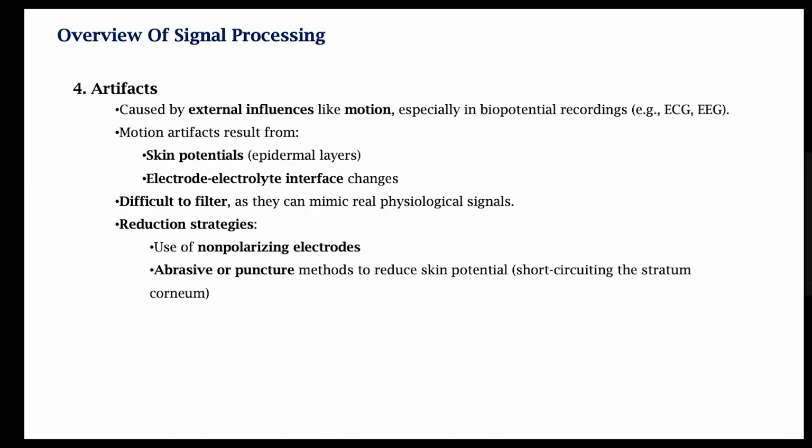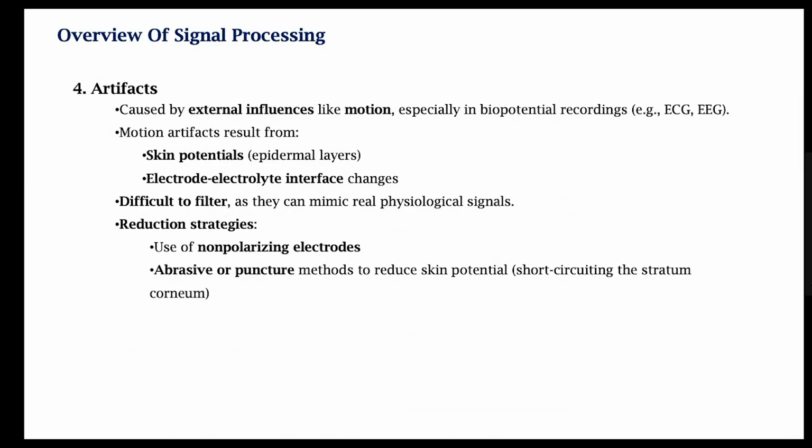This is actually quite difficult to filter because in this case, for example, it has frequencies that are overlapping with the physiological signal of interest. So it's called the artifact. How do you reduce this? By using non-polarizable electrodes. We'll discuss this in future classes or future videos.